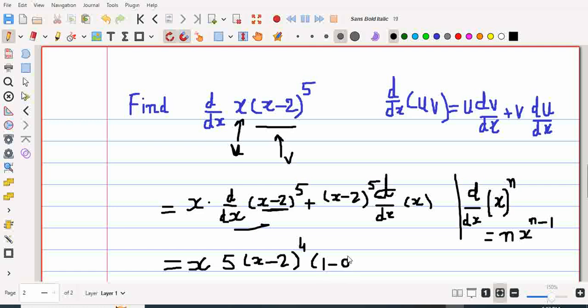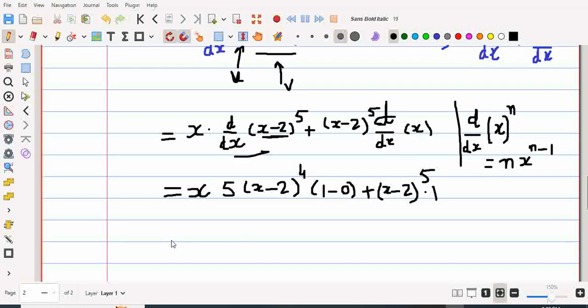The derivative of a constant will be 0, plus (x minus 2) whole power 5 as it is, and the derivative of x is 1. That's it. So I simplify it.